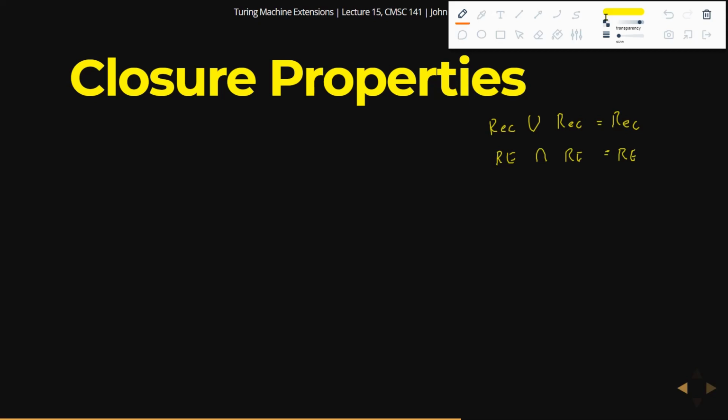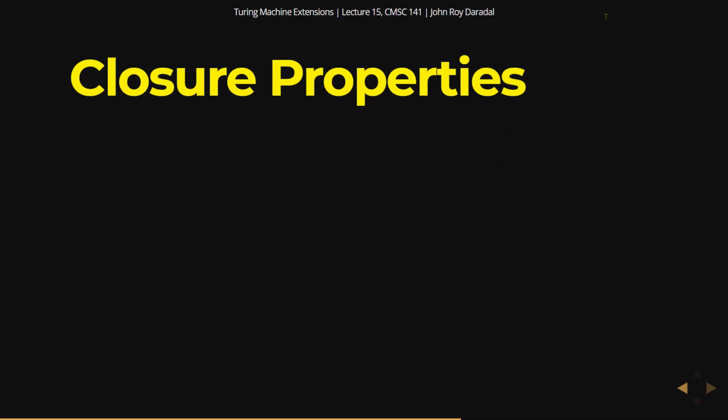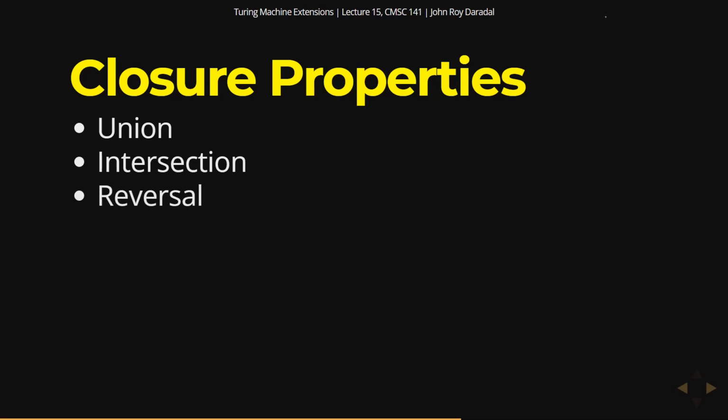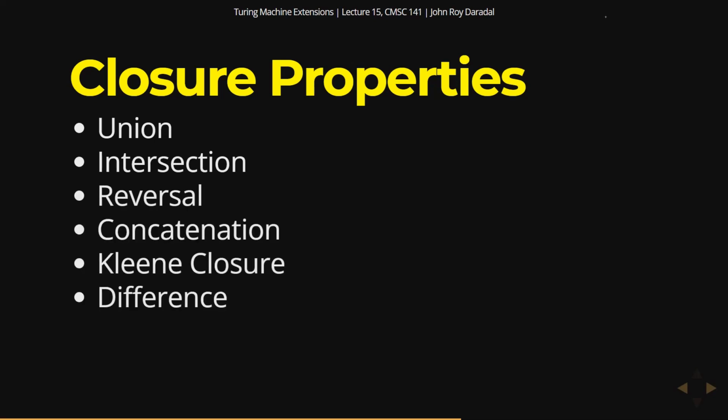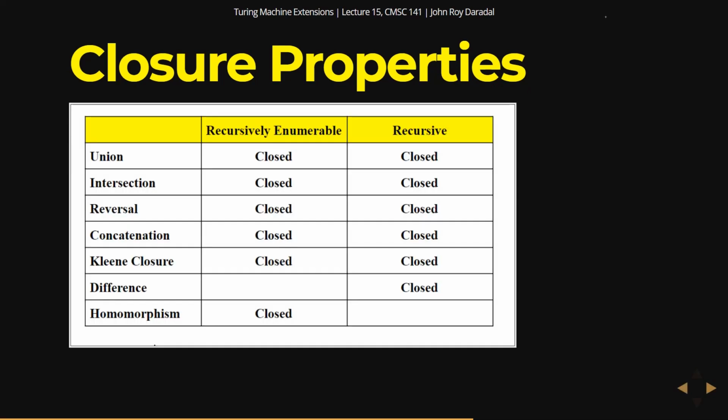You remember this from our regular languages and context-free languages, right? For recursively enumerable and recursive languages, we have the following closure properties: union, intersection, reversal, concatenation, Kleene closure, difference, and homomorphism. Let me show you in advance which properties are closed under these languages.